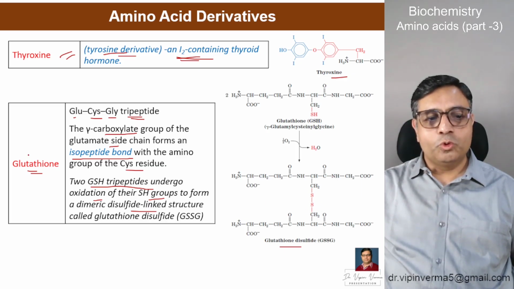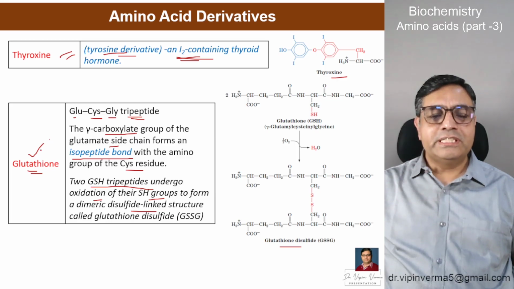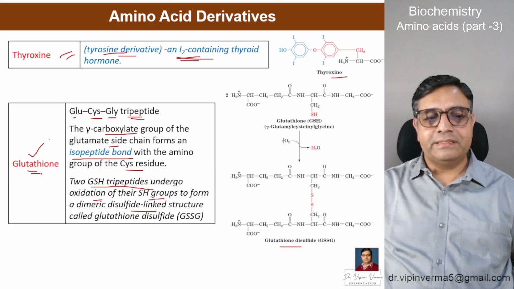Okay, so glutathione is very much taken as a supplement also, because it is considered to neutralize the toxins, particularly those which are produced by the oxygen derivatives. Okay, so this is a supplement.